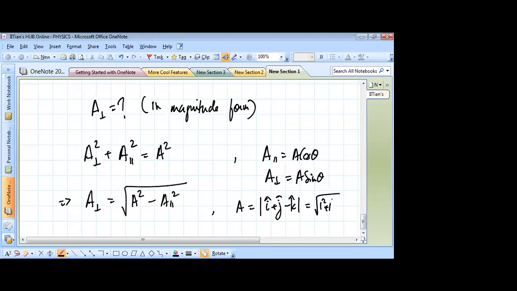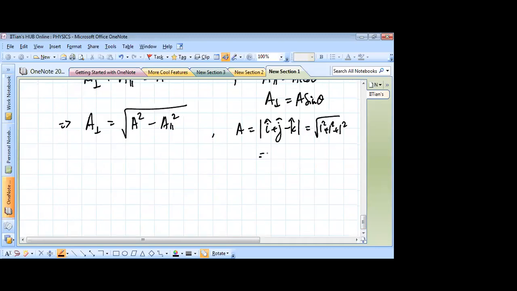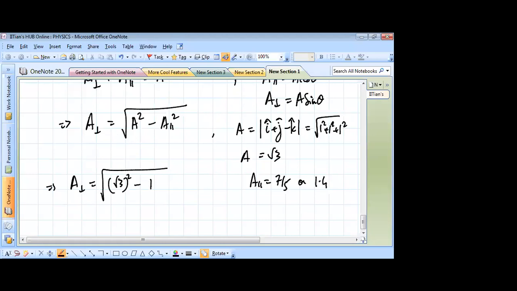Here E is nothing but the magnitude of the vector i cap plus j cap minus k cap. So that is the square root of 1 square plus 1 square plus 1 square, so that is root 3. And E parallel we had just seen was 7 by 5, or 1.4. So E perpendicular is just becoming the square root of root 3 whole square minus 1.4 whole square. So that is 3 minus 1.4 whole square.